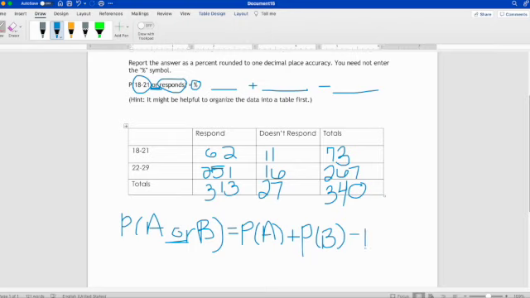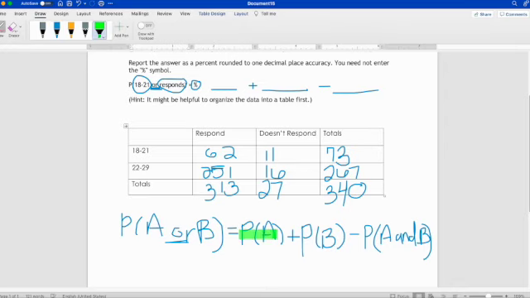So for those, you have to subtract them off so they're not counted twice. So that's why in the general equation we have minus the probability of A and B. So wherever they overlap, we subtract them off so they're not counted twice. So that's what we're doing up here.